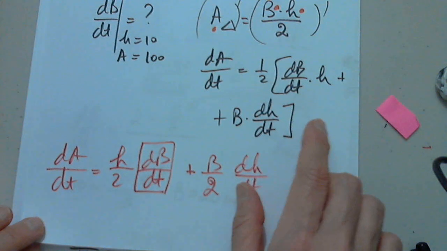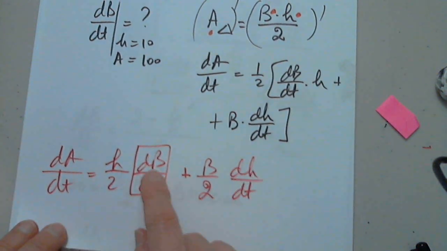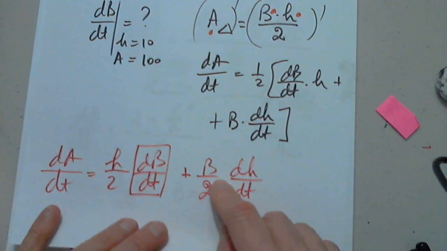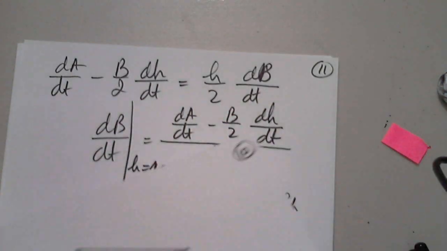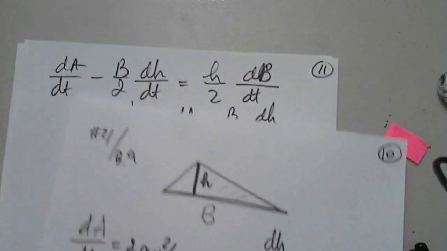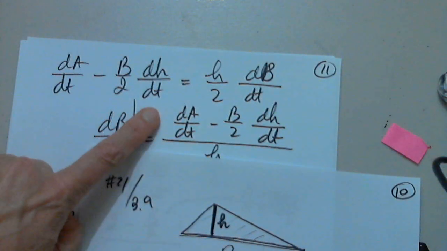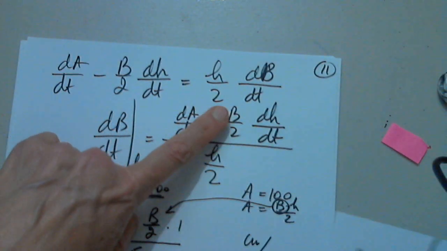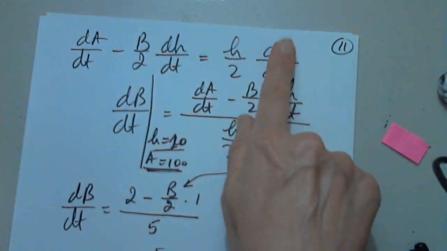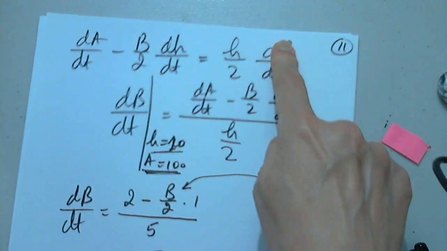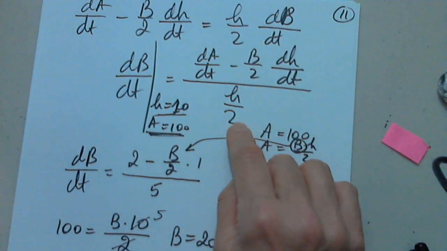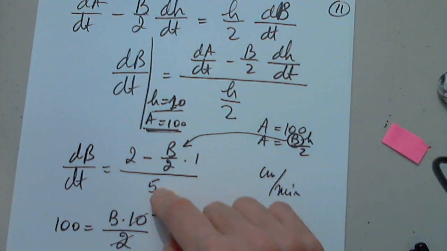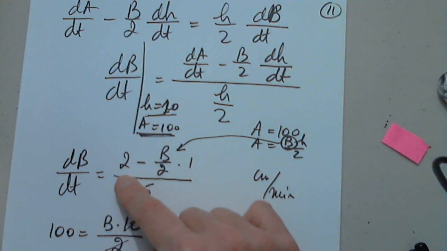Then I distribute it: h over 2 dB over dt plus b over 2 dh over dt. Correct. Then I moved this piece to the other side, minus b over 2 dh over dt, correct? h over 2 dB over dt, correct. So then this is all this divided by h over 2. Perfect. h over 2 is 10 over 2, which is 5. This is given to us to be 2.